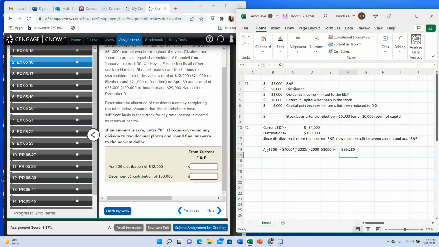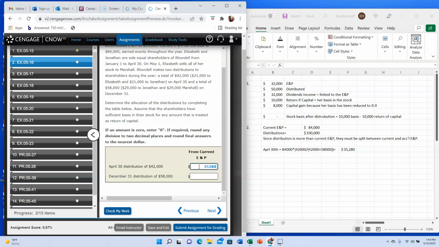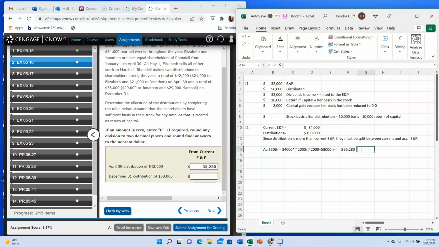All right, so 35,280 will come out of current E&P. The rest of that one will come out of accumulated: 42,000 was the distribution minus 35,280.